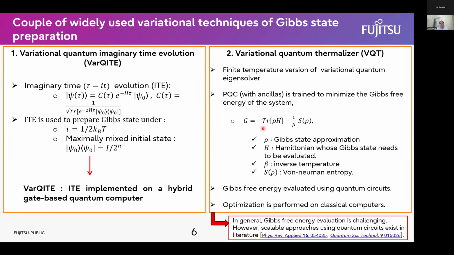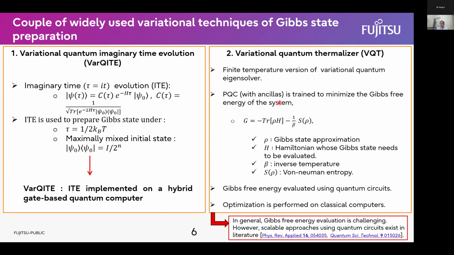The second technique that has been used for preparing the Gibbs state variationally is known as the variational quantum thermalizer. We can consider it as analogous to, or a finite temperature version of, the variational quantum eigensolver. Here also we have a parameterized quantum circuit similar to the variational quantum eigensolver, but with extra ancillas, because our Gibbs state is a mixed state, unlike the ground state, which is a pure state.